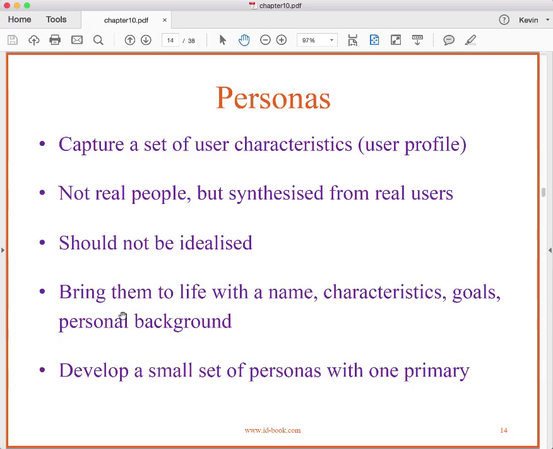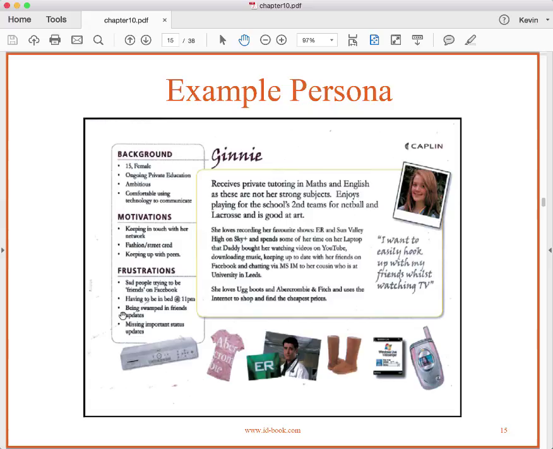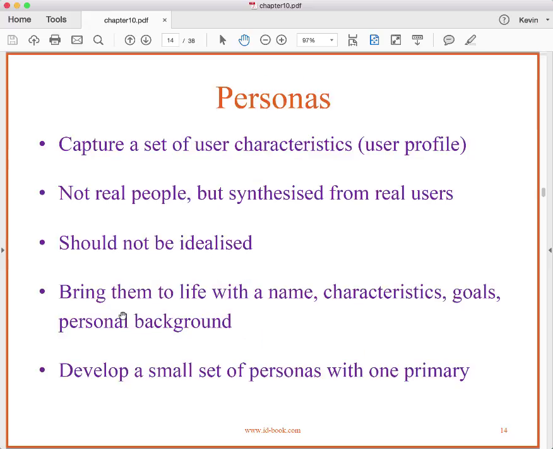We want to bring them to life with a name, characteristics, goals, and a background. I think we've got a screenshot from the book coming up. Yeah, we do. What we really want to do is fictionalize this in a realistic way, such that it's easier to imagine who we're solving the problem for.